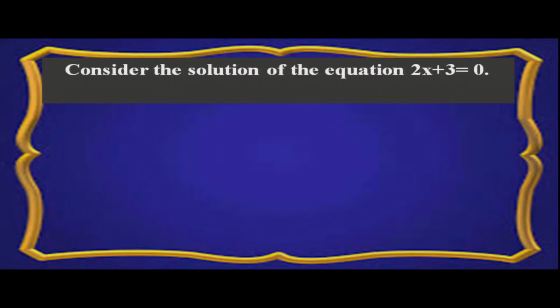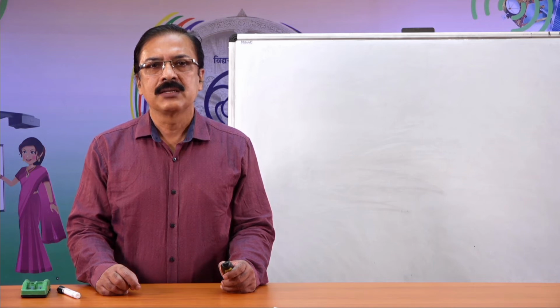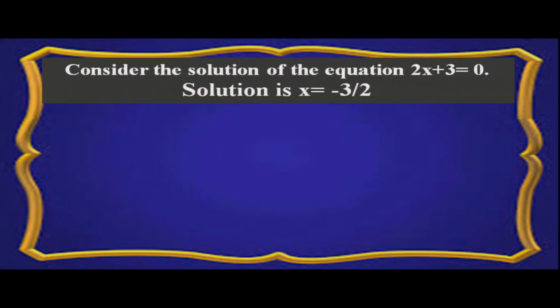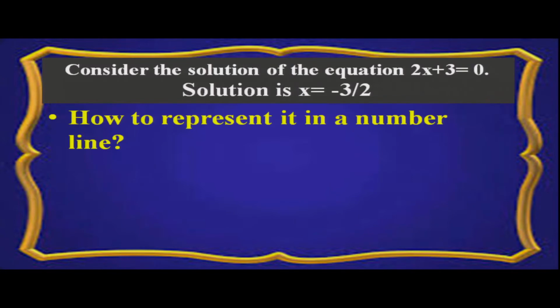Consider the solution of the equation 2x plus 3 equal to 0. You have solved this problem and you know this equation has a unique solution, that is x is equal to minus 3 by 2. And how to represent it on a number line?